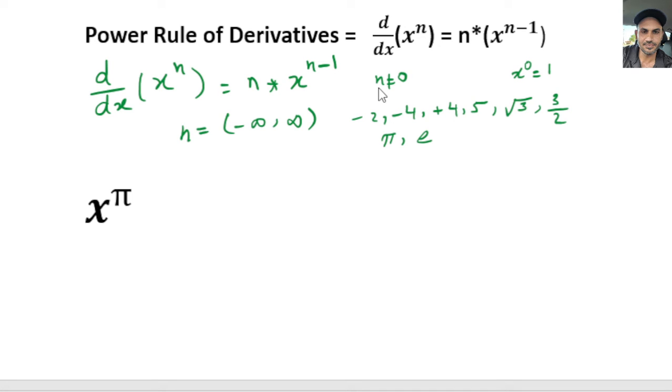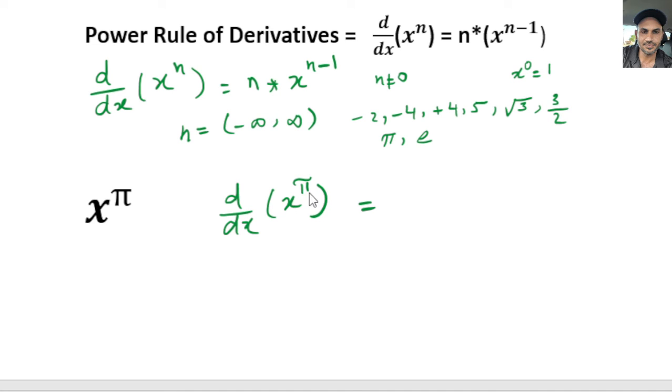So let's go ahead and use this knowledge to solve the derivative of x to the pi. So we want to take the derivative of x to the pi. We are going to apply this particular rule.